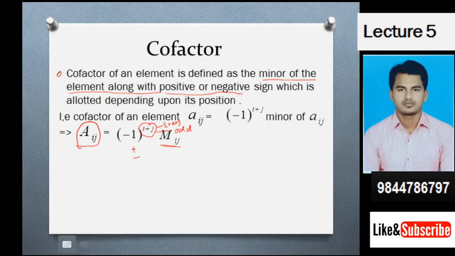Let me take an example. The matrix A is 3 cross 3: A11, A12, A13, A21, A22, A23, A31, A32 and A33.